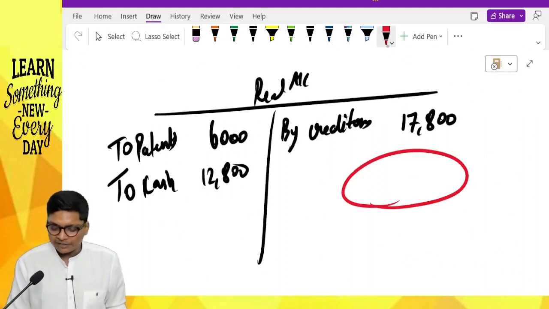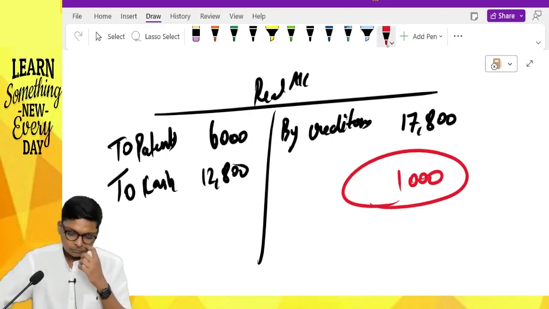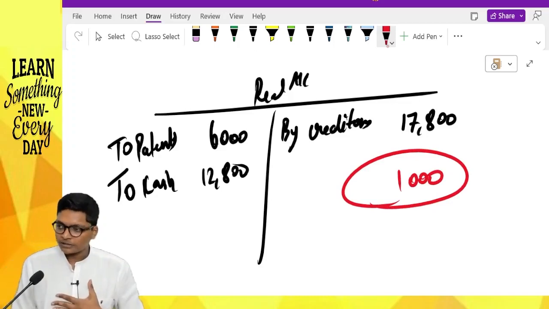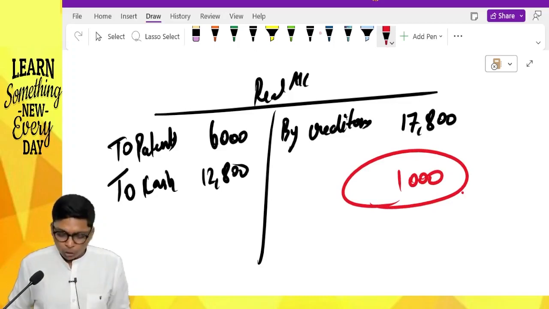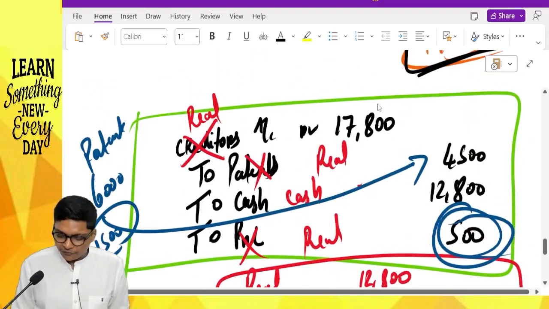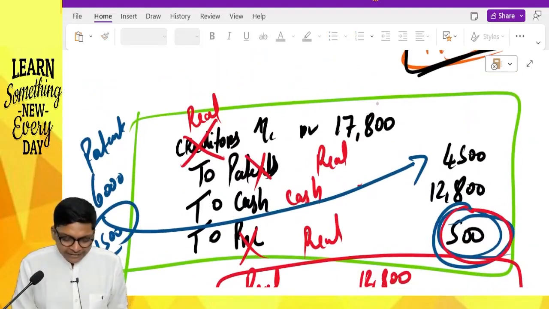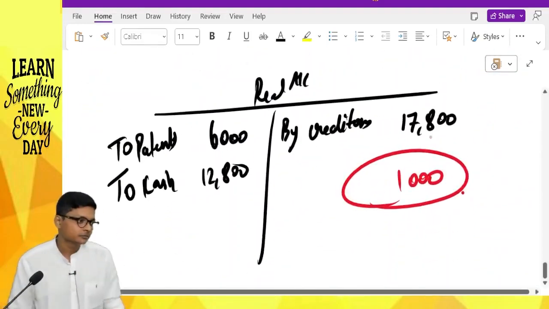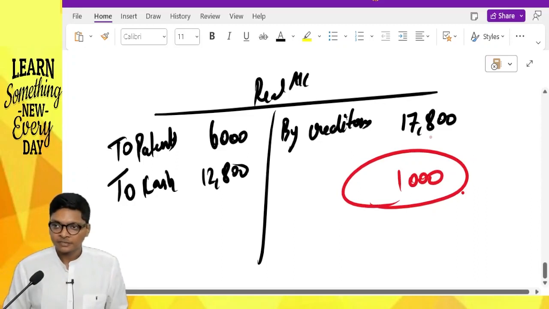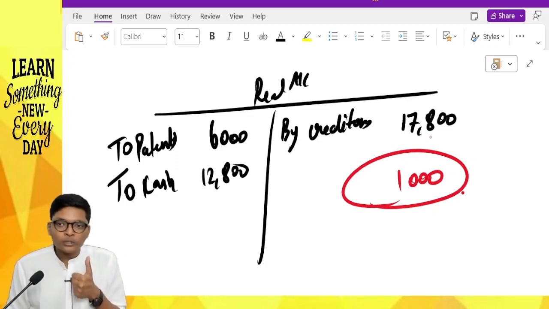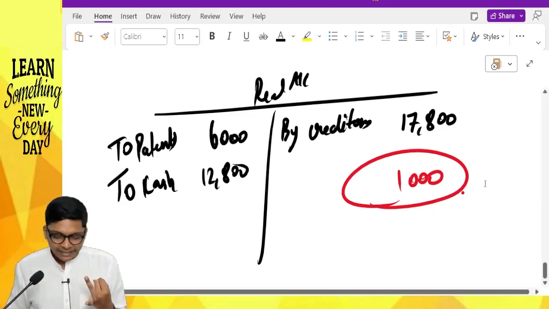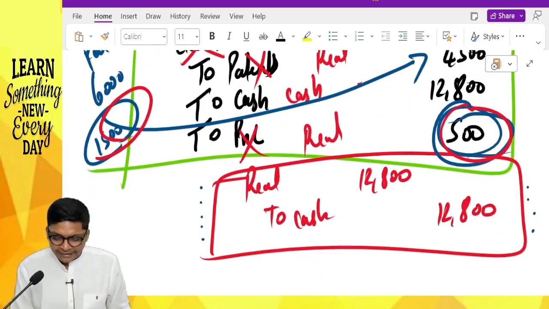How much profit or loss comes here? 1,000. What I just told you: creditors give a gain of 500, patents a loss of 1,500, net effect is a 1,000 loss, automatically accounted. All you did was three things: transfer assets, transfer liability, and pass this small entry, realization to cash.